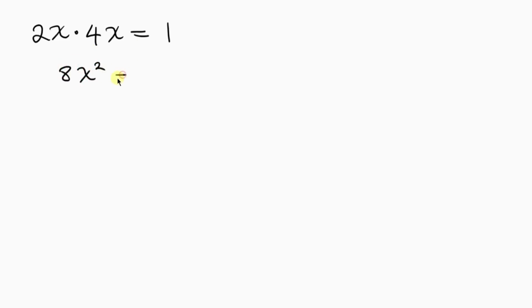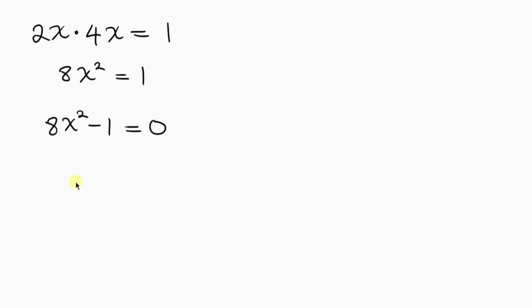And this is equal to 1. Very good. Now our next step will be for us to move 1 to the left hand side so that we have 8x squared. As 1 crosses to the left, it becomes minus 1. And this is equal to 0.